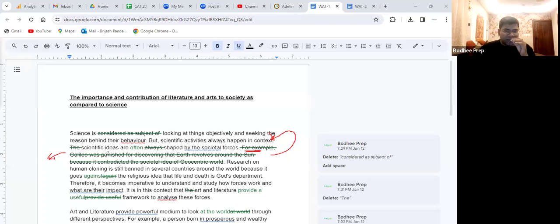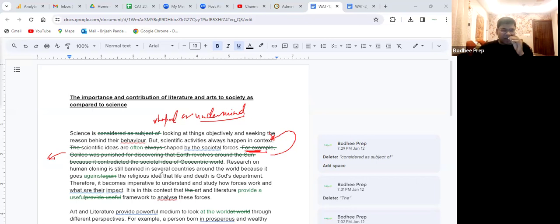So rather than that, say scientific ideas are often shaped or undermined by society or societal forces. Then this example would have made sense, because Galileo had a scientific observation and he was punished for discovering that the earth revolves around the sun because it contradicted the societal idea of a geocentric world. So there has to be some sort of clarity about what you are putting in the sentences.